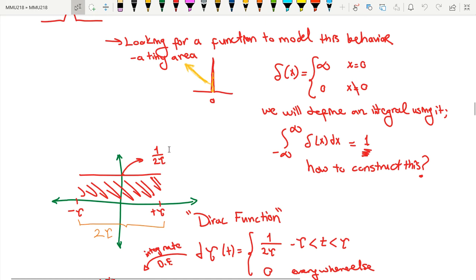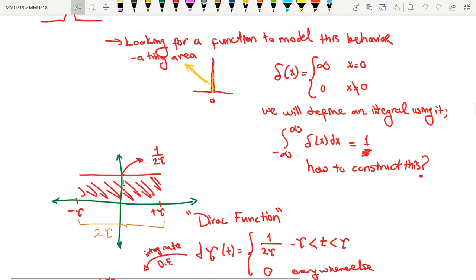Okay, so let's put a line in my normal Cartesian coordinates, and let's define this thing from minus tau to plus tau. This is called the Dirac function. Not the Dirac delta function yet, but the Dirac function.